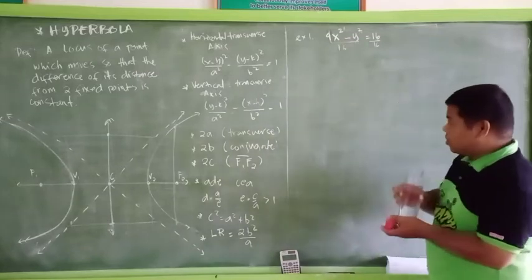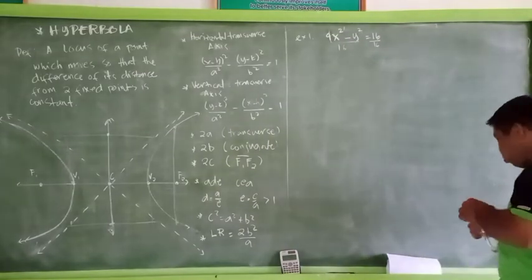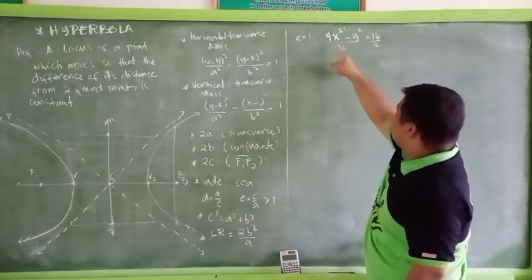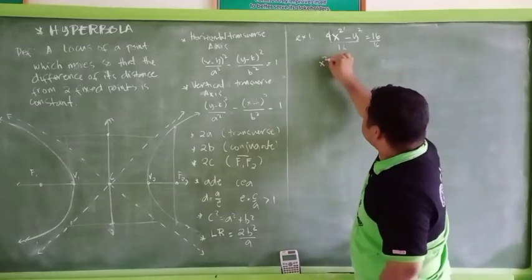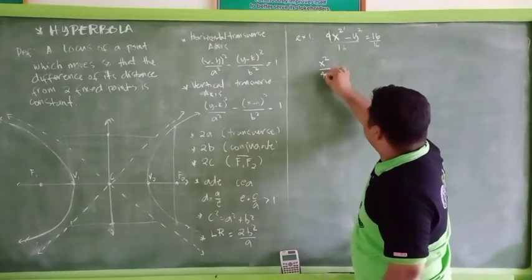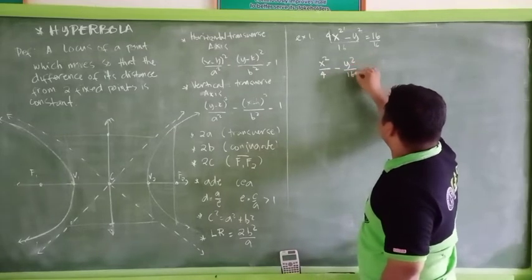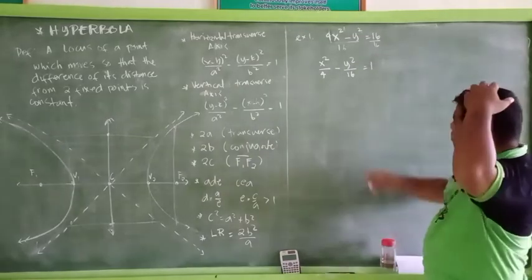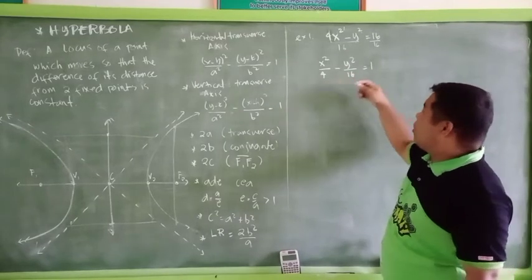So, this would become 4 divided by 16, that is x squared over 4 minus y squared over 16 is equal to 16 divided by 16, that is 1. So, this is now the standard form ng hyperbola natin.